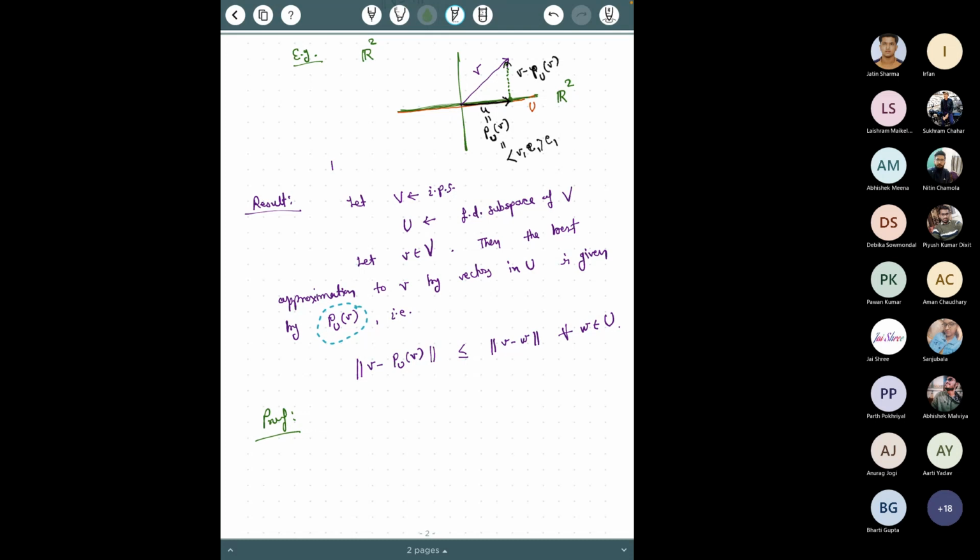So I will just show that if I take any vector w, then the distance of v minus w is always greater than or equal to the distance of this vector. Now you look at this.